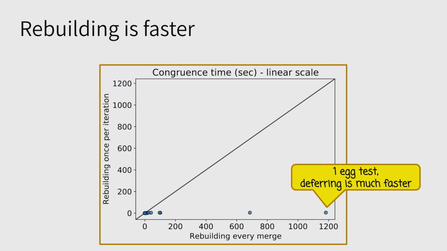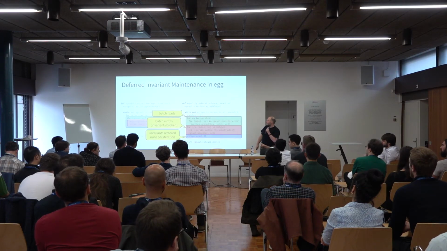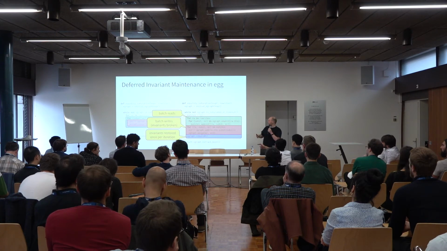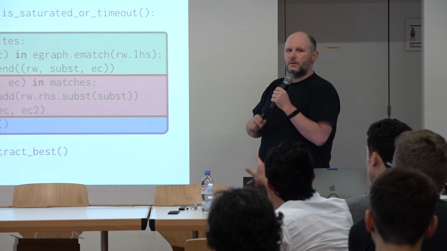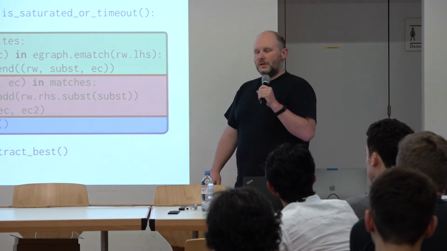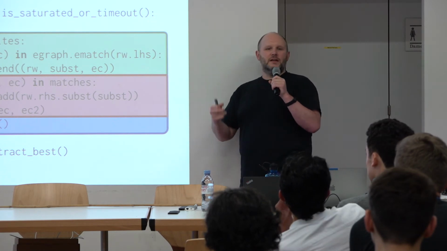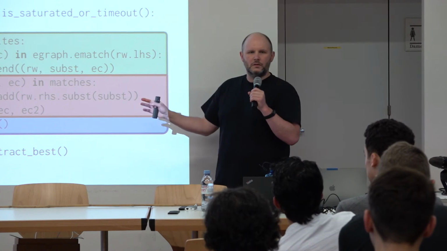Oh, yes, question. I'd like to ask what invariants you're referring to, or if you're referring to something about the congruence. What are these invariants, and isn't congruence automatically enforced when you do something anyway? Yeah, so the main invariant, the most expensive one, is congruence. There's also hash cons and some other invariants, but the main one is congruence.